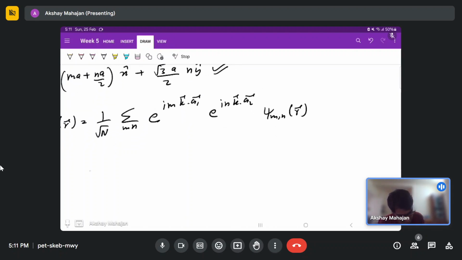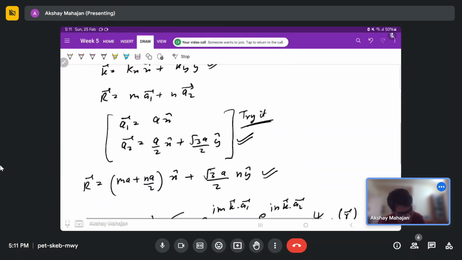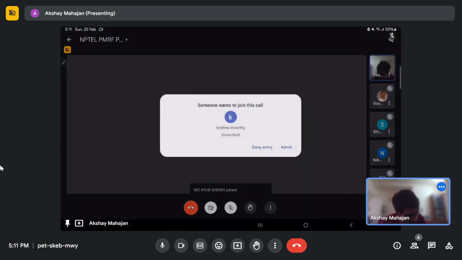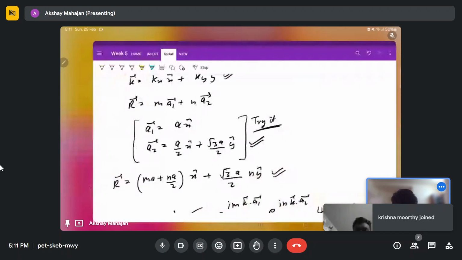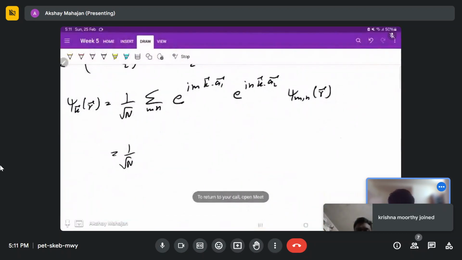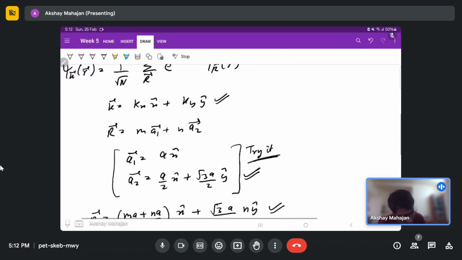Okay, and you can just take the dot product from here, using a1 a2 vector. So from here I can write the summation over mn. If you do k vector dot a1 vector, we just have an x cap.